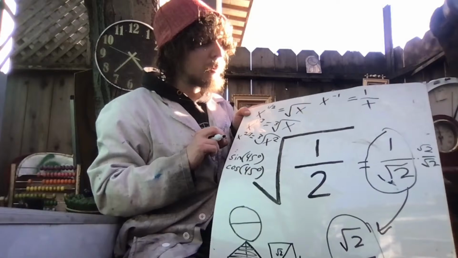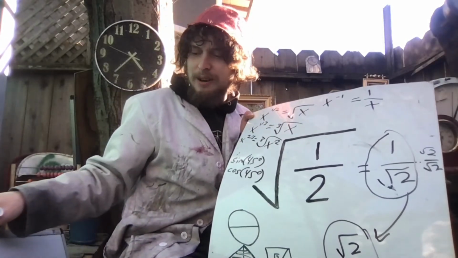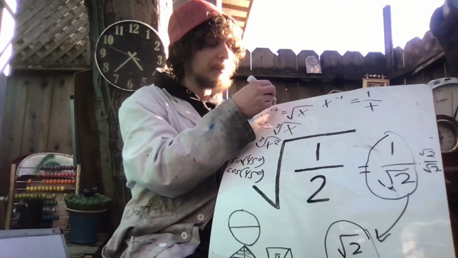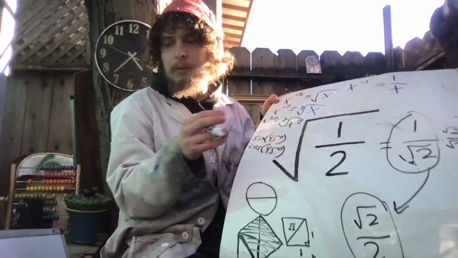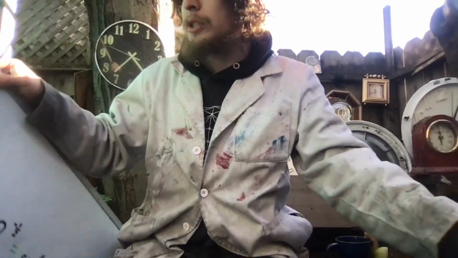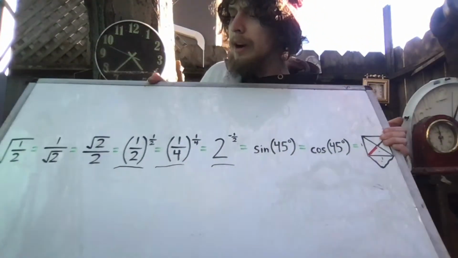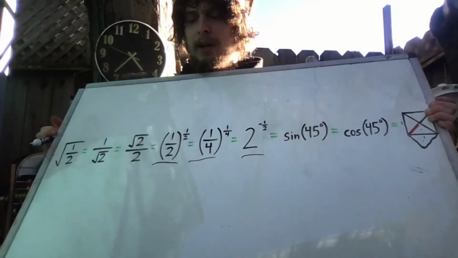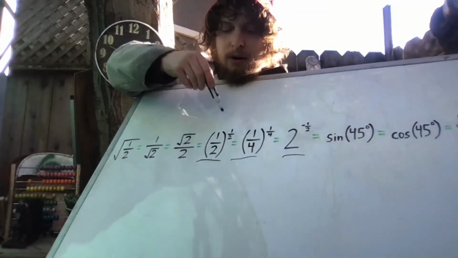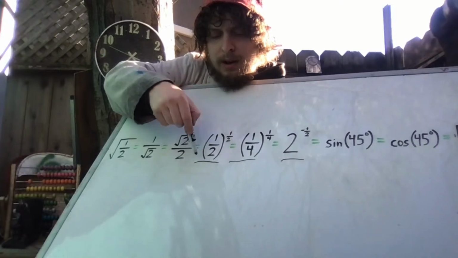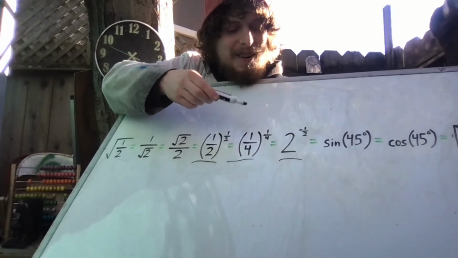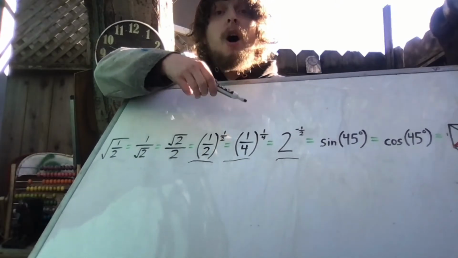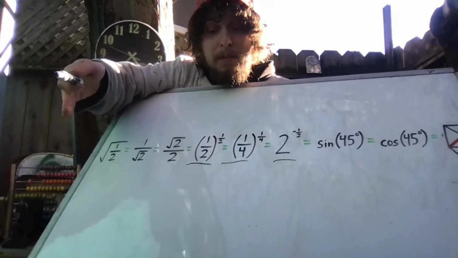So how do we combine these to figure out what's going on here? Well, if we can say that square root can be turned into a power of 1/2, then we get right off the bat this part of the identity, where we could rewrite the square root of 1/2 as 1/2 to the power of 1/2. But what's up with this one? 1/4 to the power of 1/4, also equal.